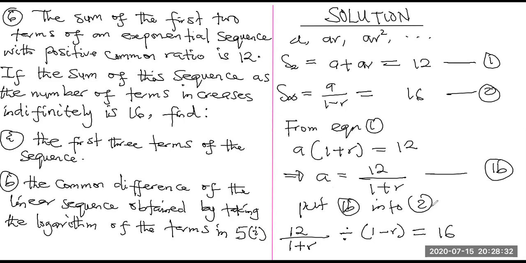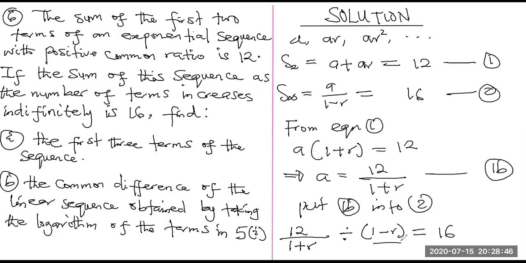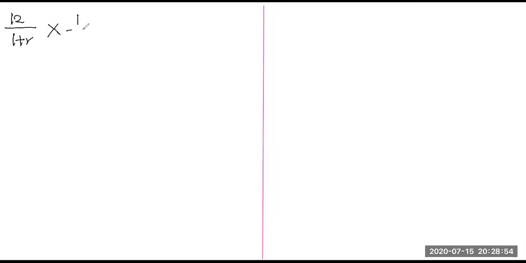When we go to the next stage, we're going to have 12 divided by 1 plus R. Division becomes multiplication, and we invert the fraction, so we multiply by 1 over 1 minus R. Numerator multiply numerator, denominator multiply denominator.